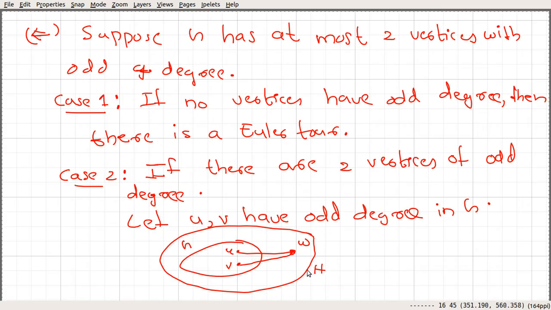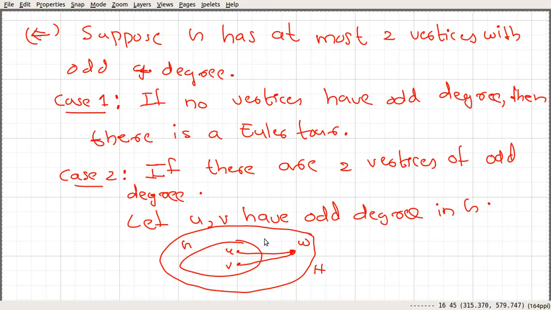If you look at this H, W has degree 2, so even degree, and U and V had odd degree, but we added these 2 edges, so now the degree of U and the degree of V are even. So in this graph H, all the vertices have even degree.